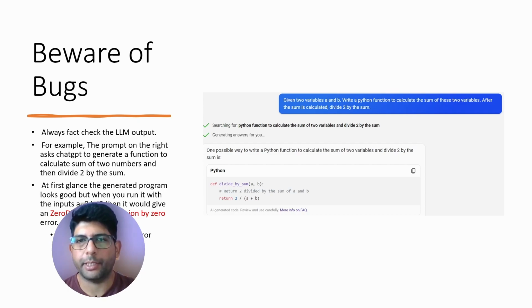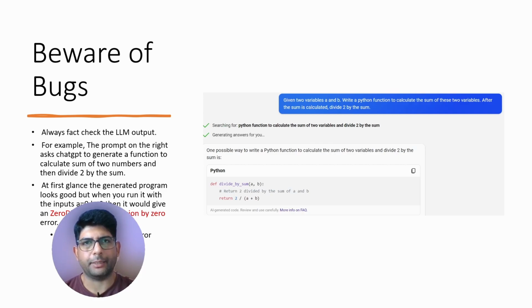So for example, here I have again given a prompt to the Bing Copilot. I asked it to generate a Python code given two variables A and B, and then divide 2 by the sum of these two variables. It came up with a code here.